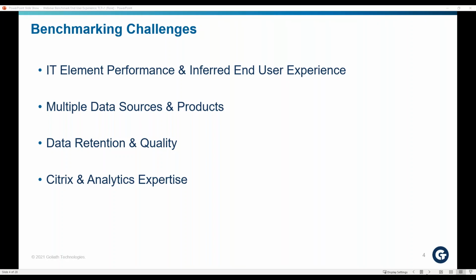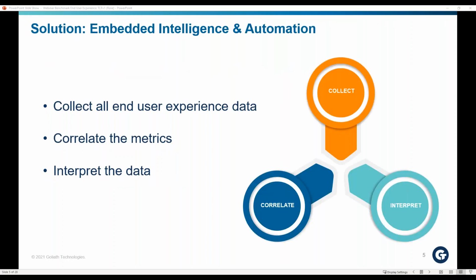So what we did, if you go to the next slide, Avi, is we set about making some technology enhancements. We used embedded intelligence and automation. By doing this, they don't have to be a Citrix expert, and they don't have to dedicate a full-time employee or much time at all to be able to get the information they need to do benchmarking.